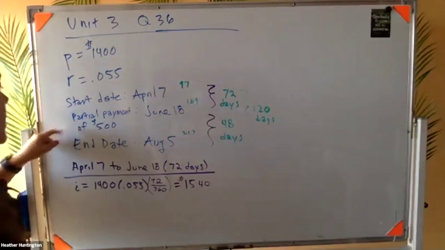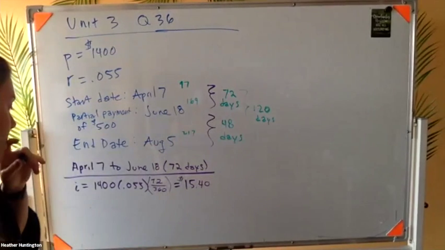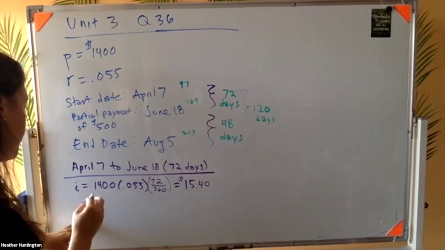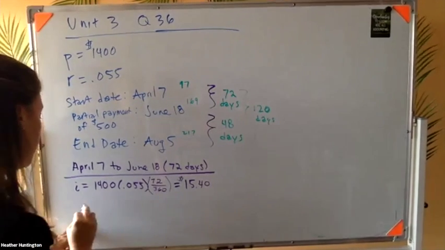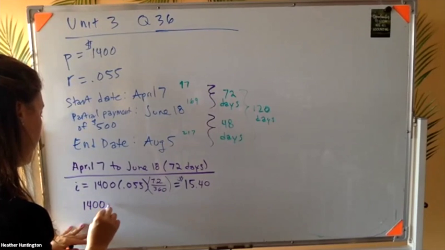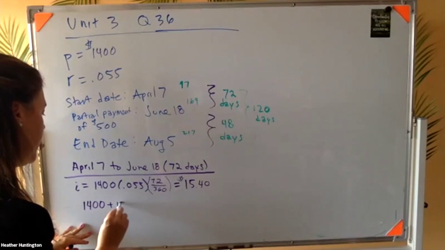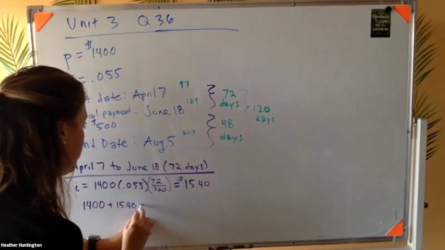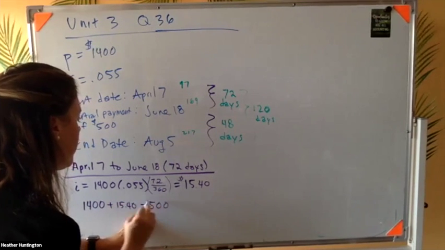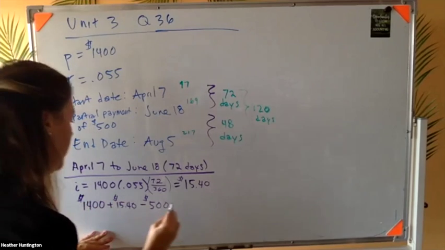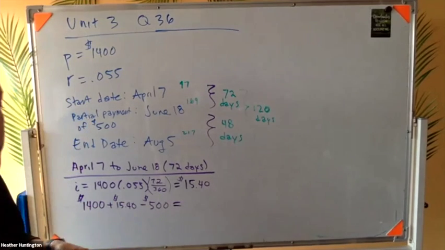So the partial payment, so in total, we have 1,400 plus 15.40. And we're going to minus now the $500 partial payment. So this is going to give us our new principal.